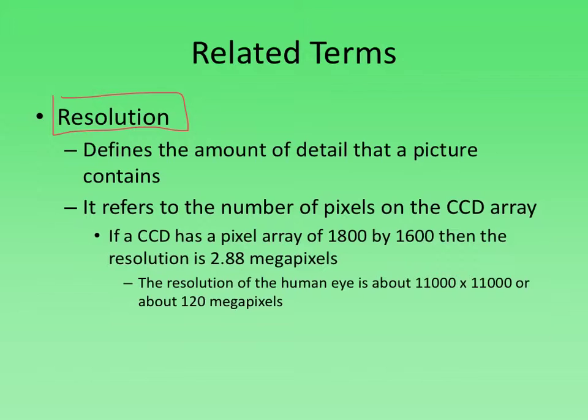So once we get to the point where companies are selling cameras or screens that have resolutions over 120 megapixels, well, then there's no point, because your eye can't discern anything above 120 megapixels. So when somebody comes to your door trying to sell you this great camera that has a 150 megapixel resolution, don't buy it.